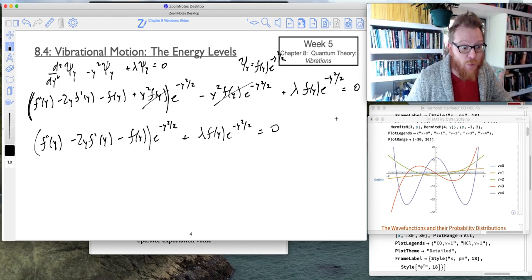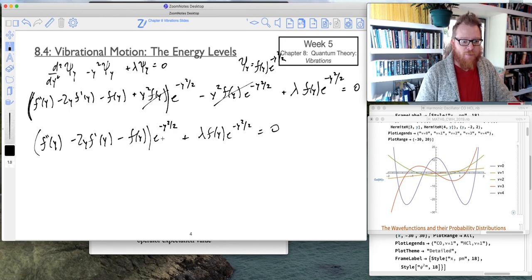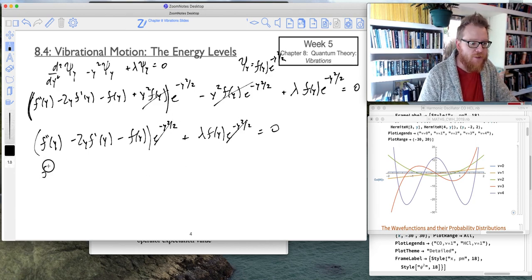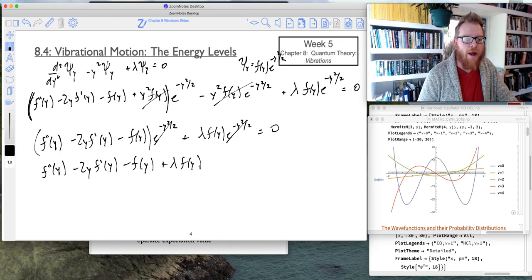If we keep going with this, I could even cancel the e to the y squared divided by 2. So we can cancel those out and keep simplifying: f double prime of y minus 2y f prime of y minus f of y plus lambda f of y.